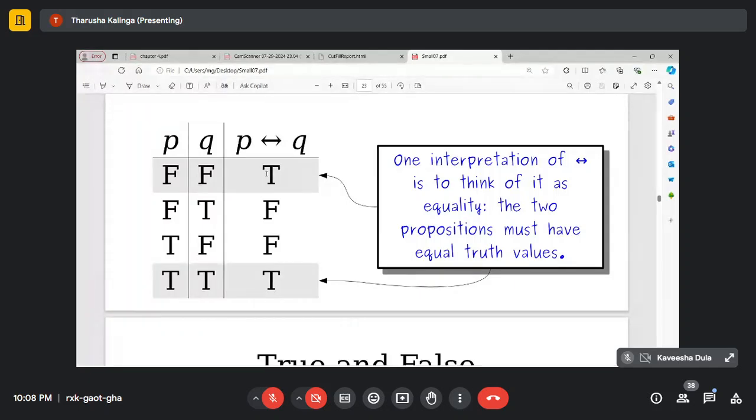output should be true, which means, imagine, if it rains, the river fills. Which means if and only if it rains, the river is full, maybe.